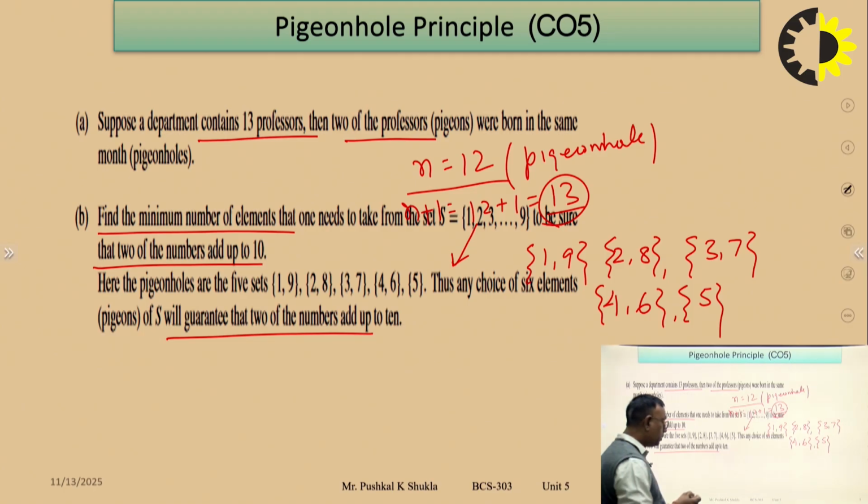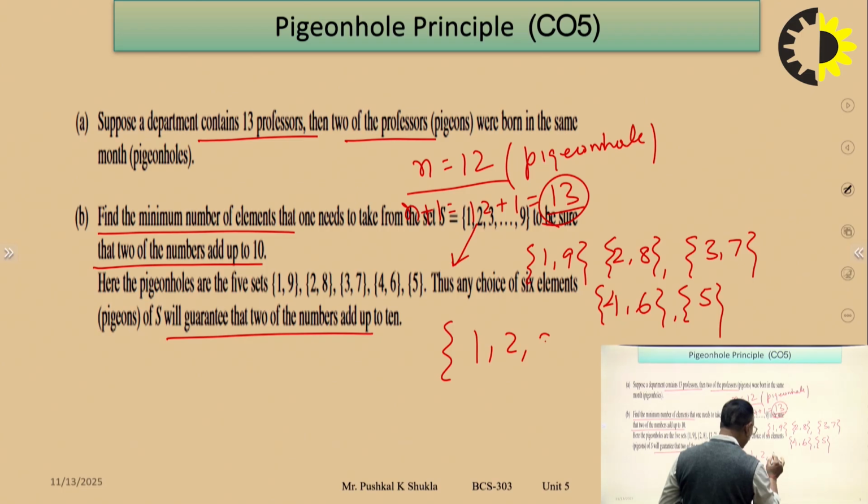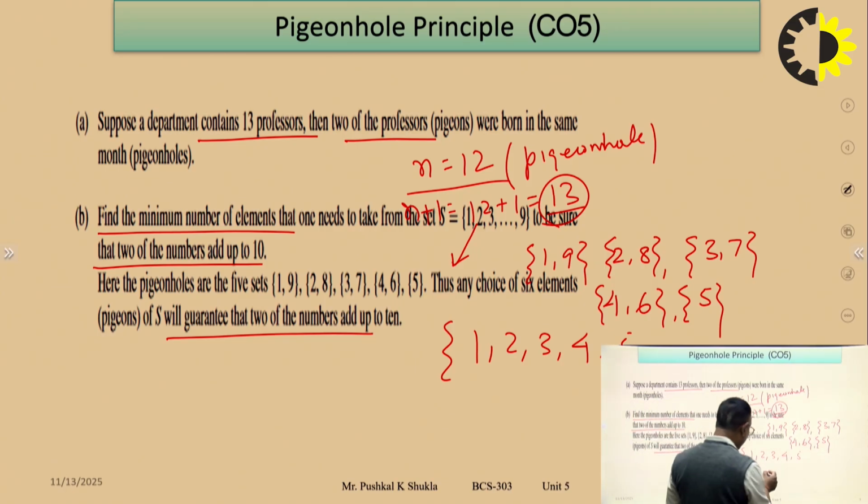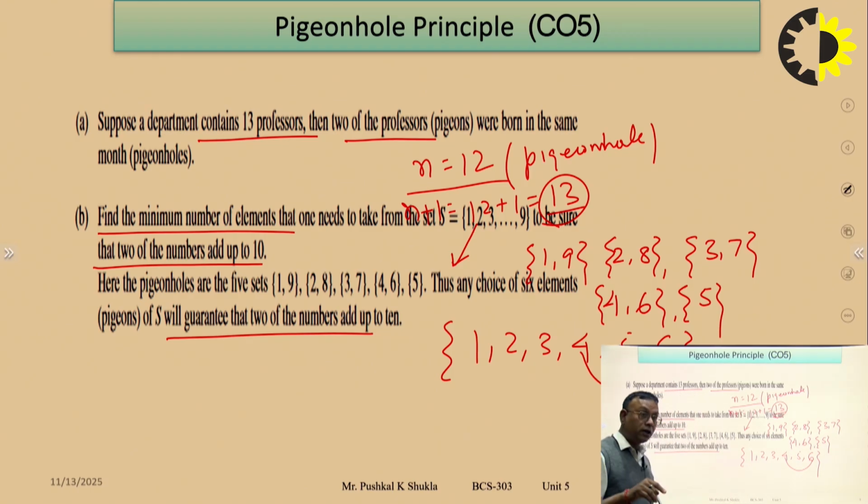We can also see, for example, 1, 2, 3, 4, 5: if we pick 5 elements from the set S, it does not guarantee that the sum of two of them is 10. But if we take a 6, it guarantees it. So in the worst case, if you pick 6 elements from the set S, it will guarantee that two numbers add up to 10.